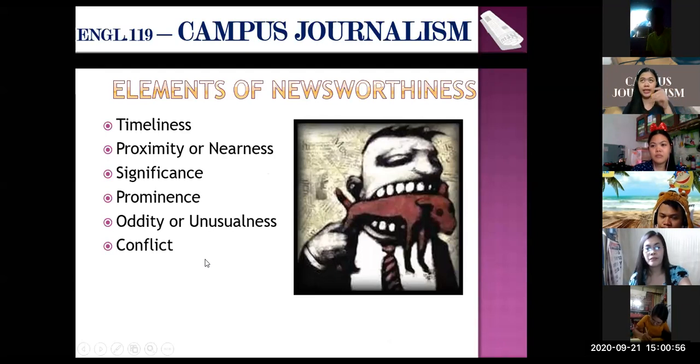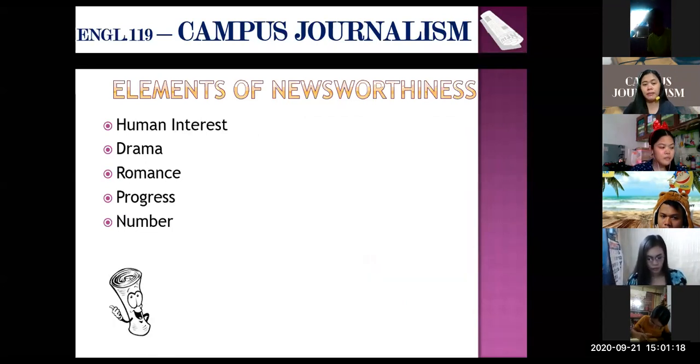So we cannot relate to news presented to us inside North Korea, dili ta makarelate ana because layo kasi sa atoa. So we could probably relate to news about Duterte and so on. Significance, prominence, oddity or unusualness, and conflict. Then we could also talk about human interest, drama, romance, progress, and numbers.